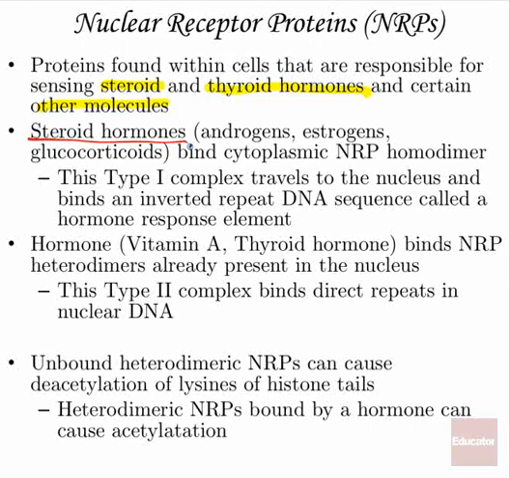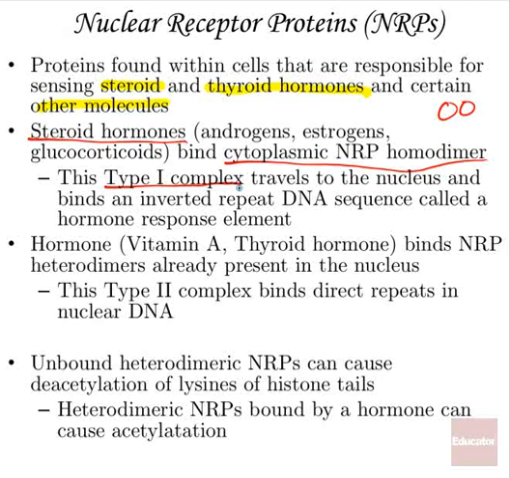They're going to bind our cytoplasmic nuclear receptor protein homodimer, so it's a dimer of the same two polypeptides. These steroid hormones bind our NRP homodimer. This is what is called a type 1 complex.